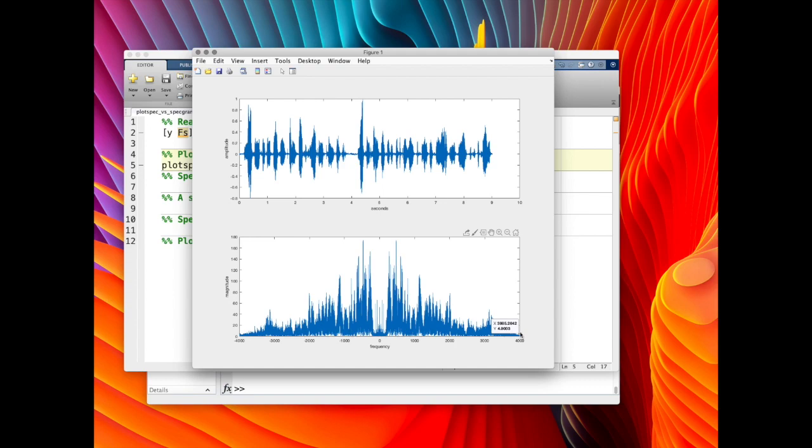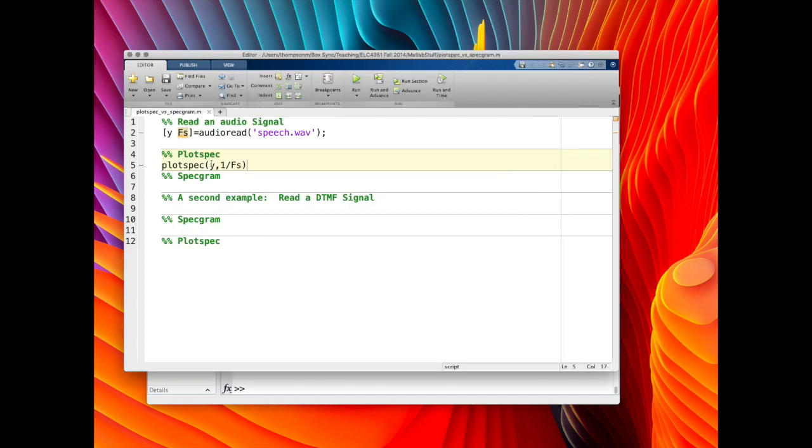Okay, so you notice it looked at the frequency across the whole time interval, all 9 seconds. Okay, it gets crammed into just a single plot of the frequency. All right, so let's contrast that to the spectrogram.